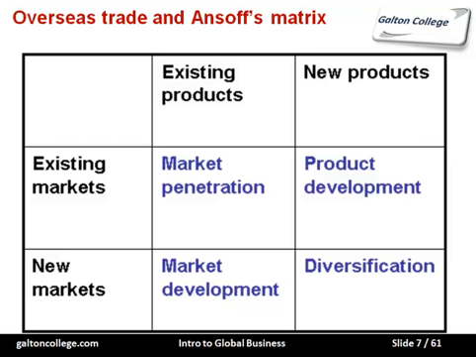Existing products going into new markets is market development. It's the existing products going into new markets, so the market is being developed. When we have existing markets and new products, it's called product development. And new products and new markets is called diversification. So we have this way of looking at expansions into other markets.